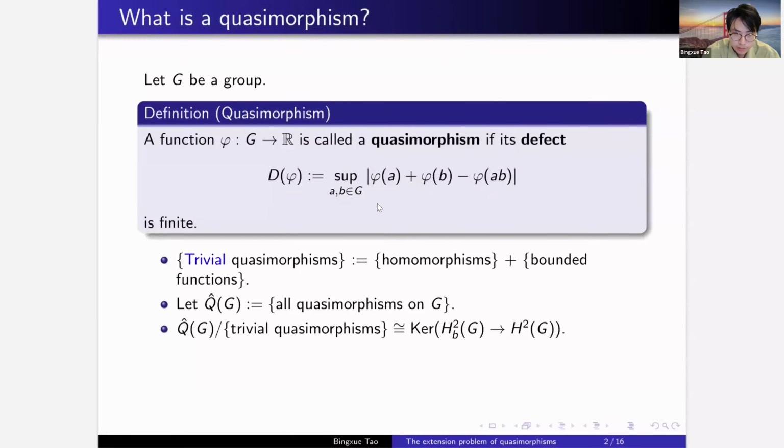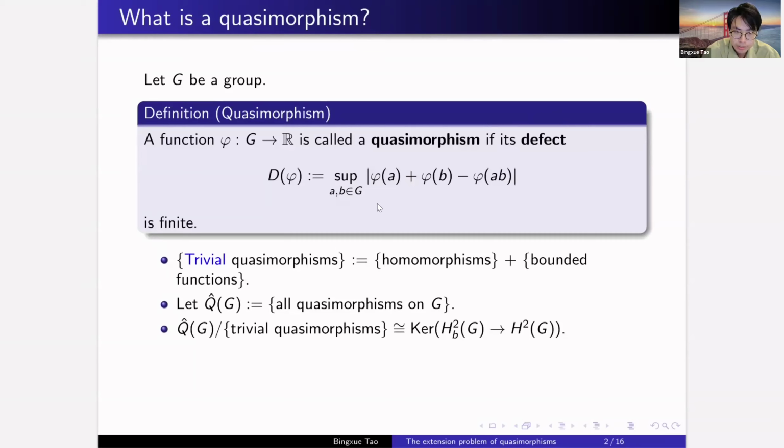And there is a classical result that is not hard to check: the quotient of this hat QG by trivial quasimorphisms is isomorphic to the kernel of the comparison map from the bounded cohomology to the group cohomology of G. This is also one of the reasons why quasimorphisms are important.